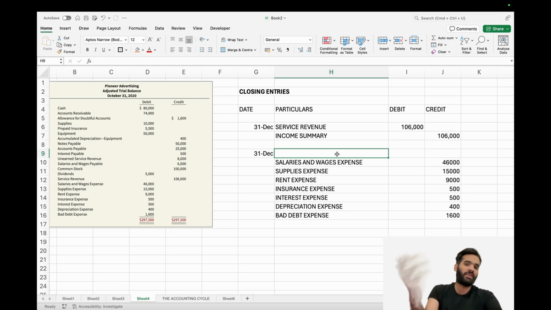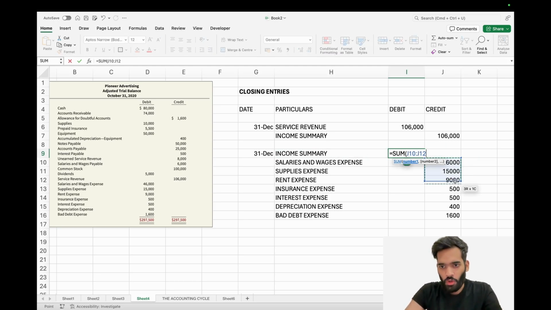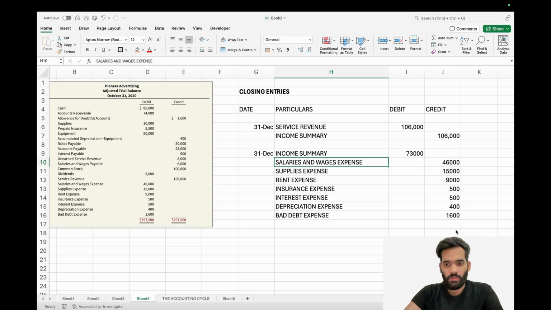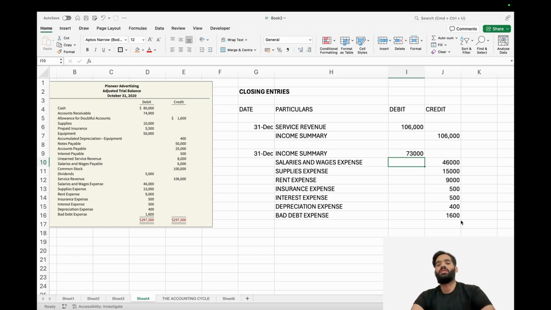Again, always the other side of the entry is income summary, and this time it will be the sum of all of the numbers, because again we know debits have to be equal to the credits. There you go. So that's how we close the revenue accounts and expense accounts. Now there's a little bit more I need to show you here.